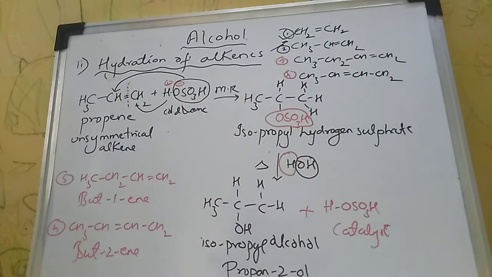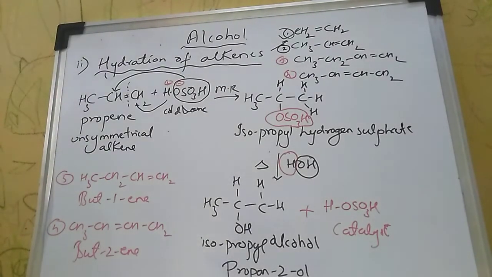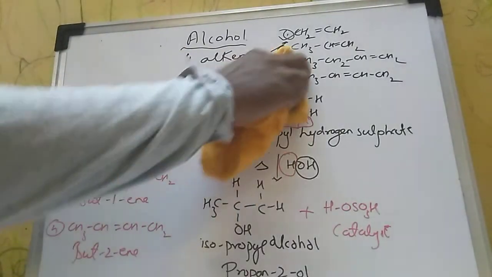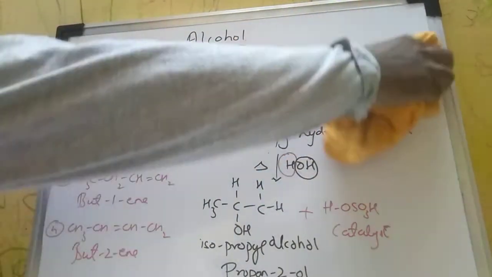These two will be for home assignment. Next, we'll see the mechanism of this. How does the hydration of alkenes, or how do the alkenes get converted into alcohols? So we'll study the mechanism of hydration of alkenes.